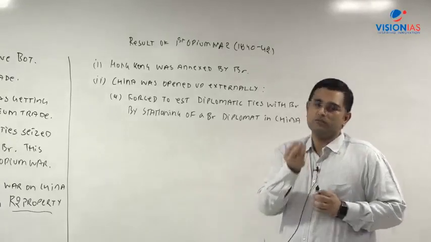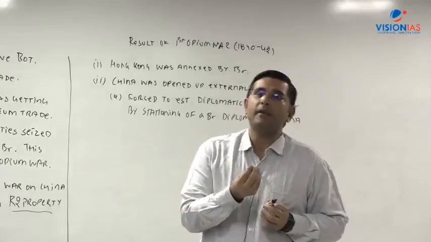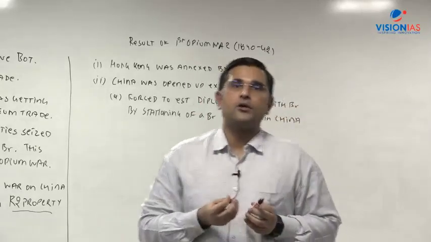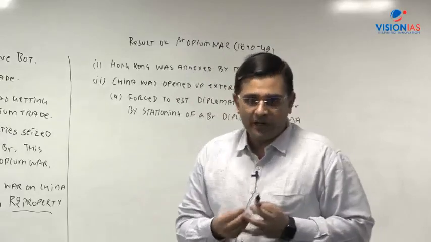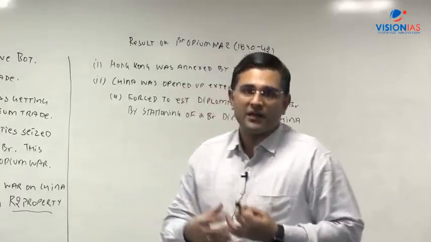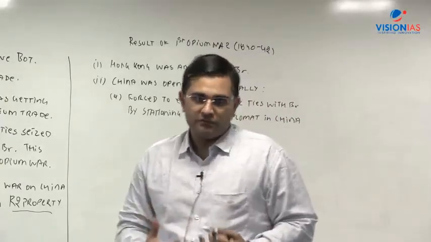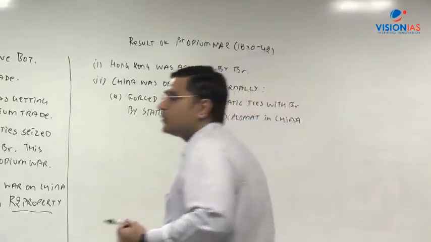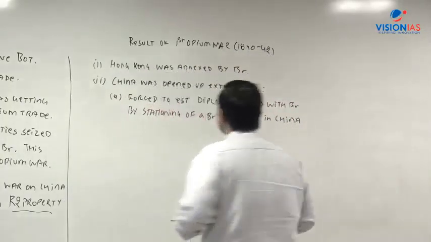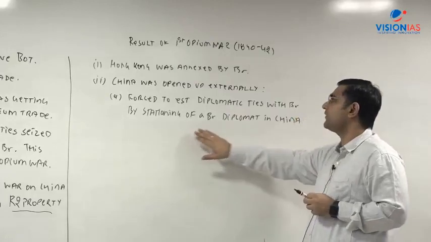Acha, Jyoti, the answer is obviously imperialism. It is much more severe because there you are utilizing military, there you are doing political annexation. So obviously imperialism will hurt the colony much worse as compared to colonialism. Okay. So forced to establish diplomatic ties with the British by stationing of a British diplomat.